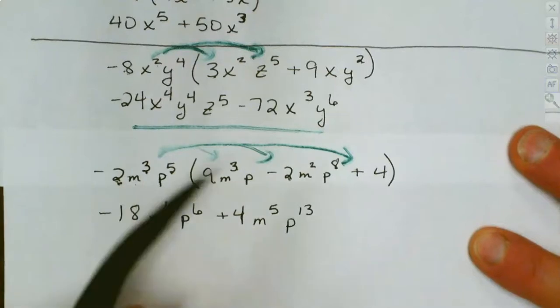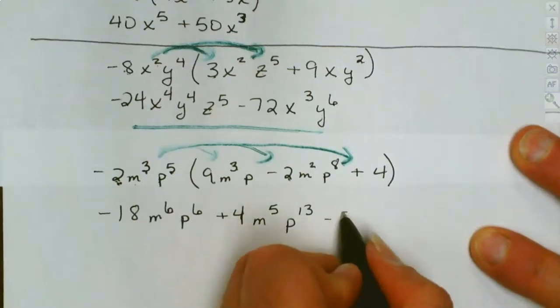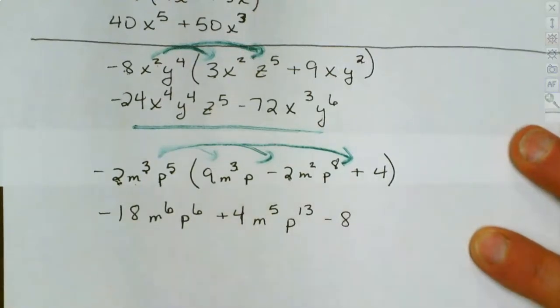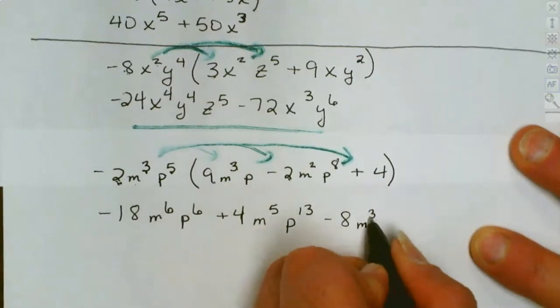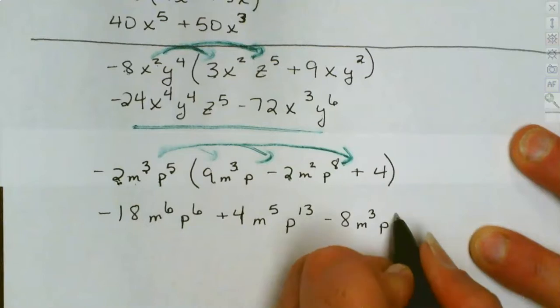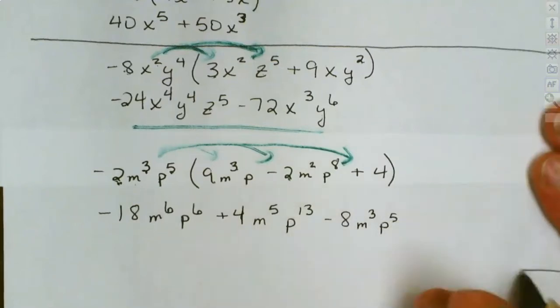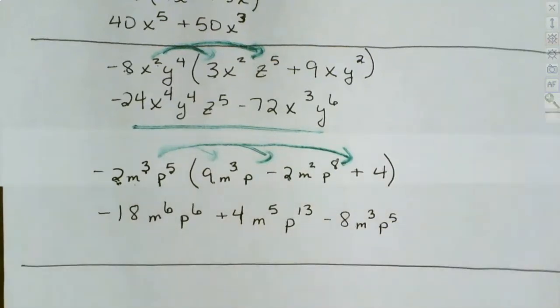Negative 2 times 4 makes it a negative 8. And then nothing else can go together. So we're left then with an m cubed p to the 5th. So all we did was distribute through. We've done this before. Much, much easier than the last section. Distribute through, numbers multiply, exponents are going to add together.